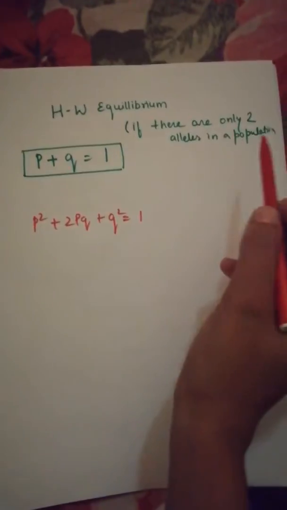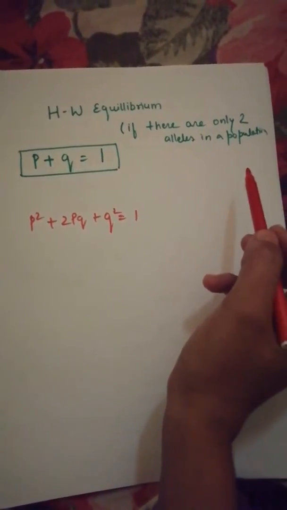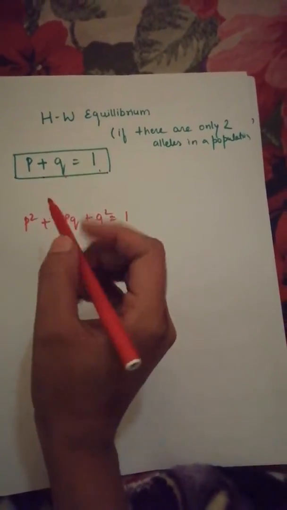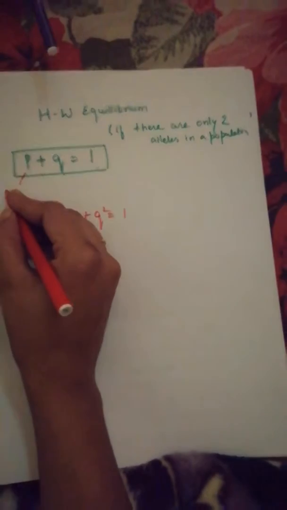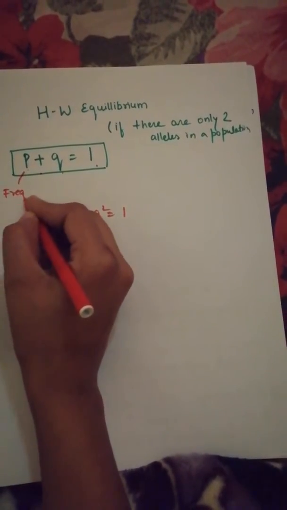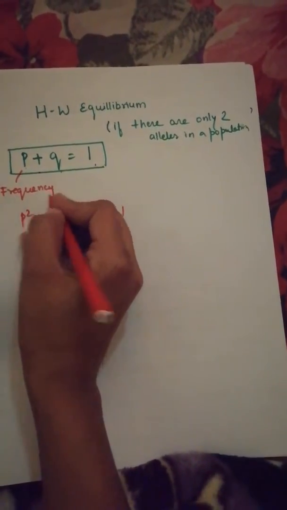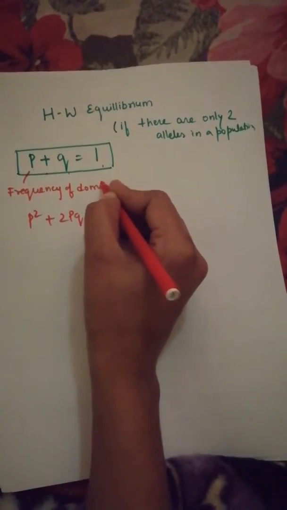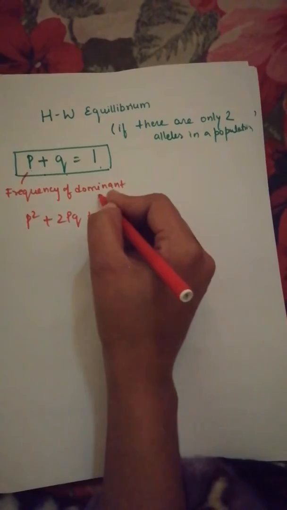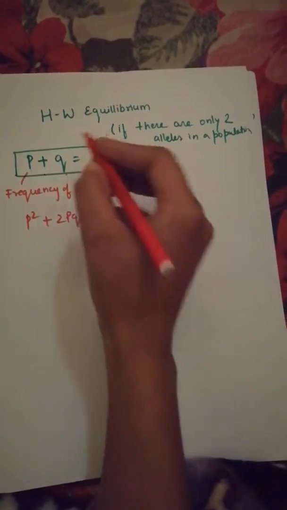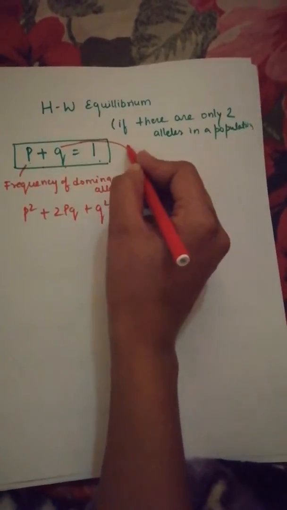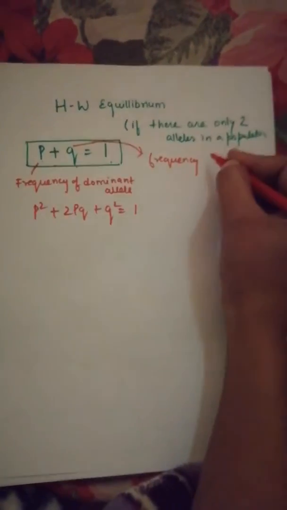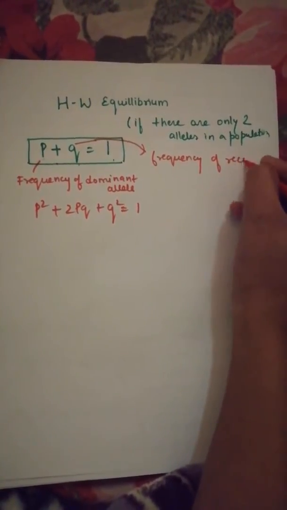If there are only two alleles in a population, then p plus q is equal to 1. What is p? p is the frequency of the dominant allele, and q is the frequency of the recessive allele.